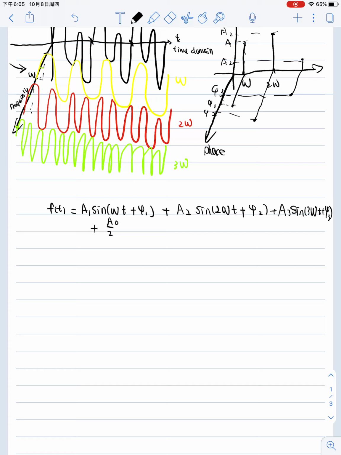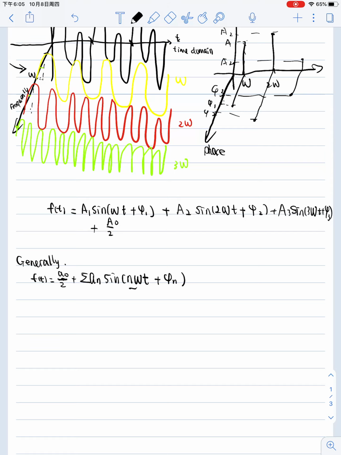Generally speaking, f(t) could be expressed as the Fourier series. The common formula is a0 over 2 plus the summation of an sine(n omega t plus phi n). Here an is the amplitude for each sine function, n omega is the frequency, and phi n is the phase.